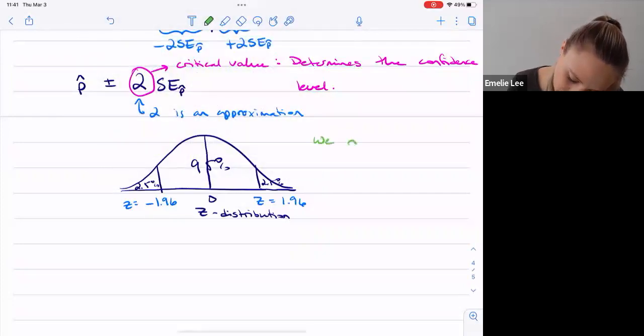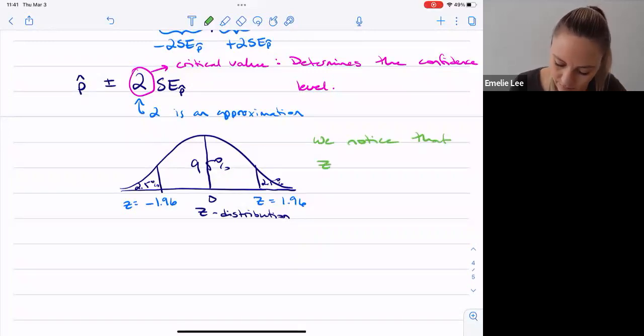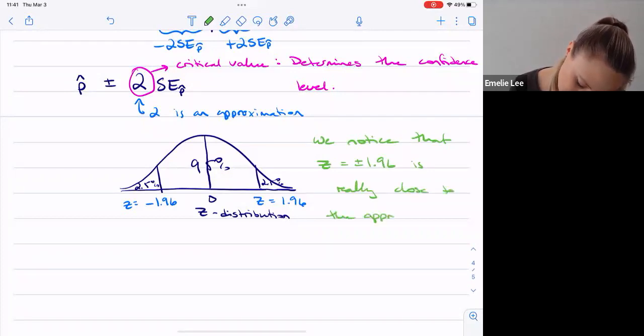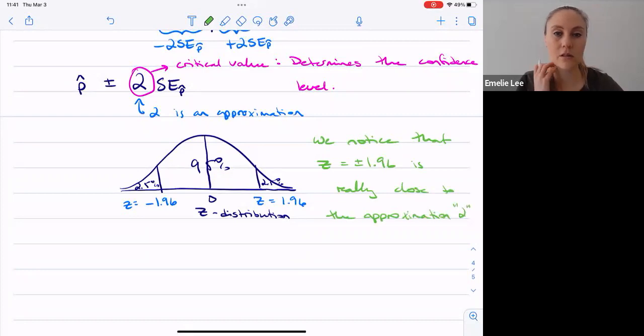We notice that Z equal to plus or minus 1.96 is really close to the approximation of 2, right?